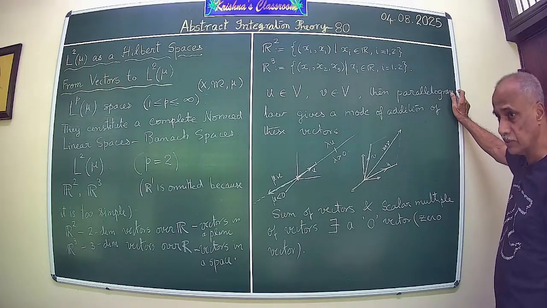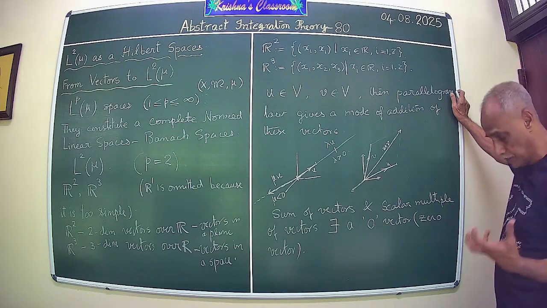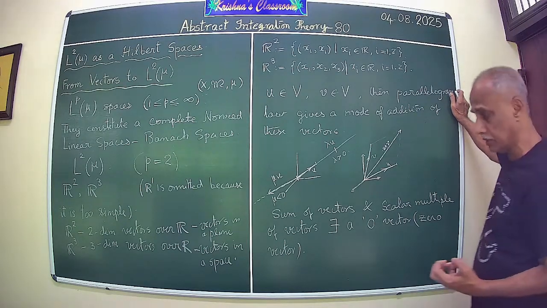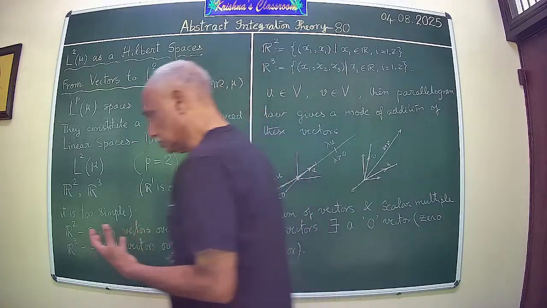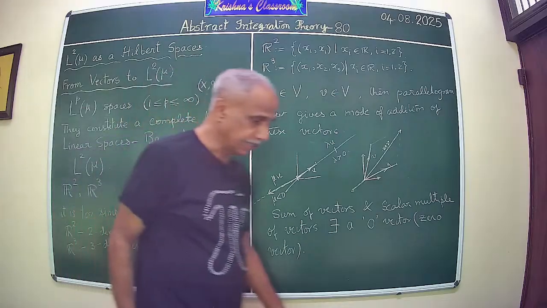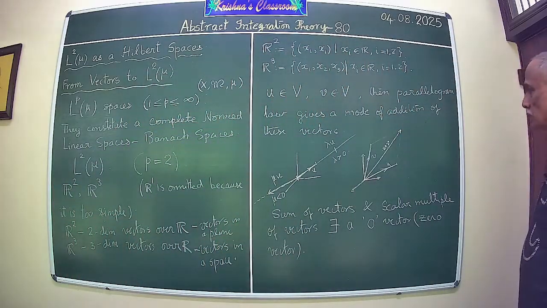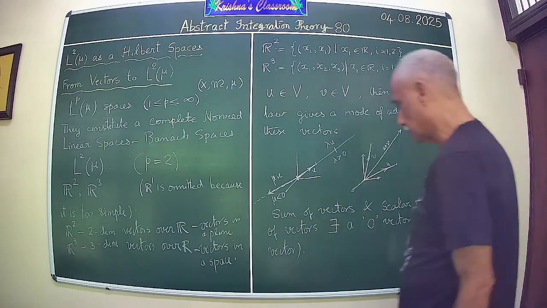The other one is vectors in space. So we have a well-defined way of adding these vectors and scaling these vectors by multiplying by a scalar. Okay.